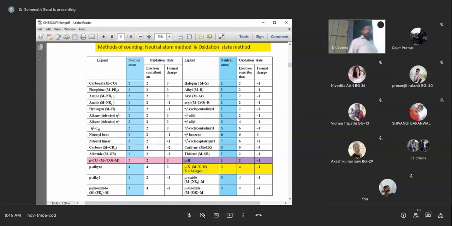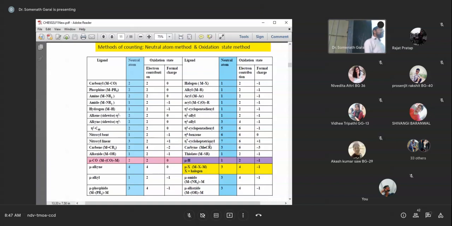So everyone draw the structure of the cycloheptatrienyl ligand. How will this ligand be? Draw it. Okay, so next question is thiolate. Why is thiolate giving 1 electron? Because it is negative, right? As I said, if it is charged, then the charge will be the number.